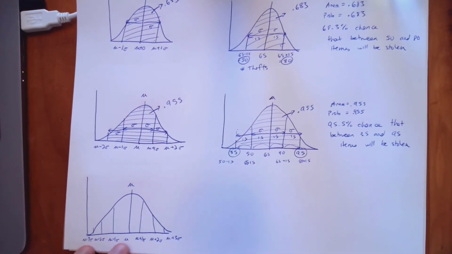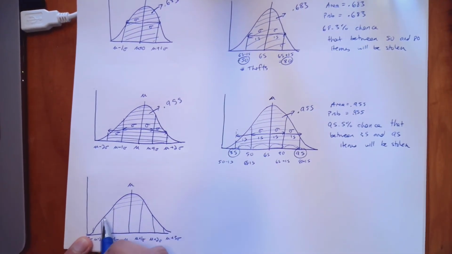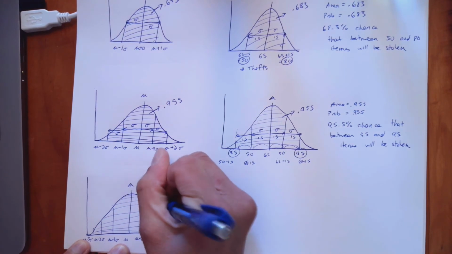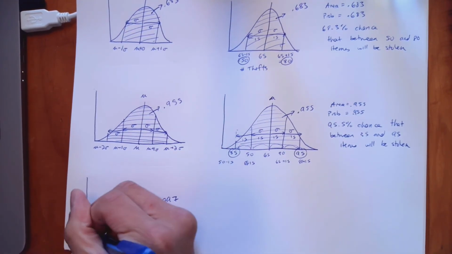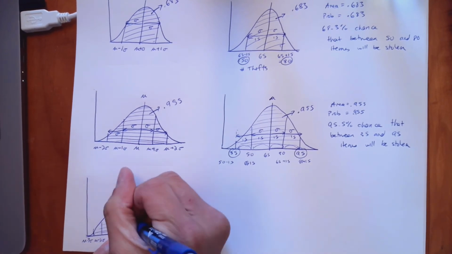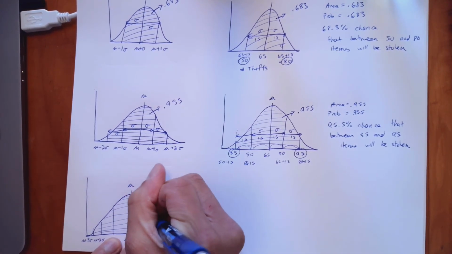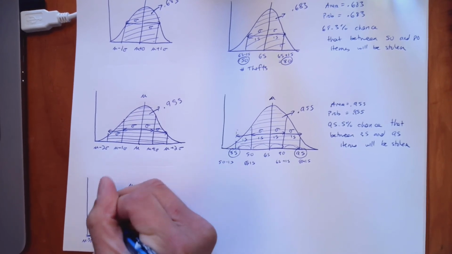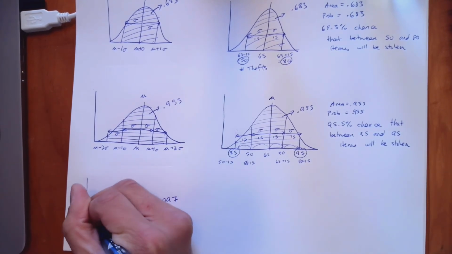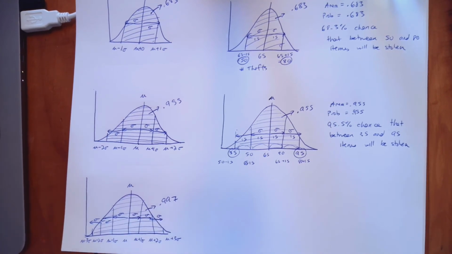So now we're going to use this. Oh, and we know that the area under the curve between these things is equal to 0.997, or 99.7% of the total area. And again, each of these represents a 1 standard deviation jump in either direction. Keep my notation consistent. All right.